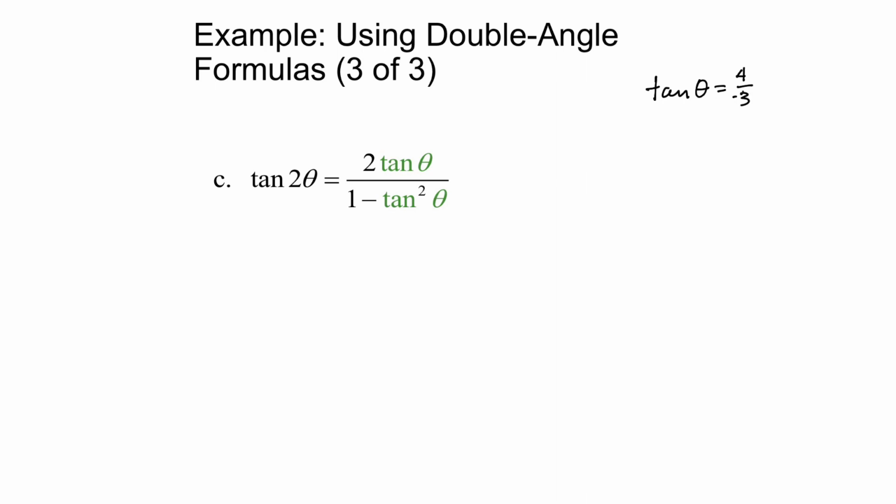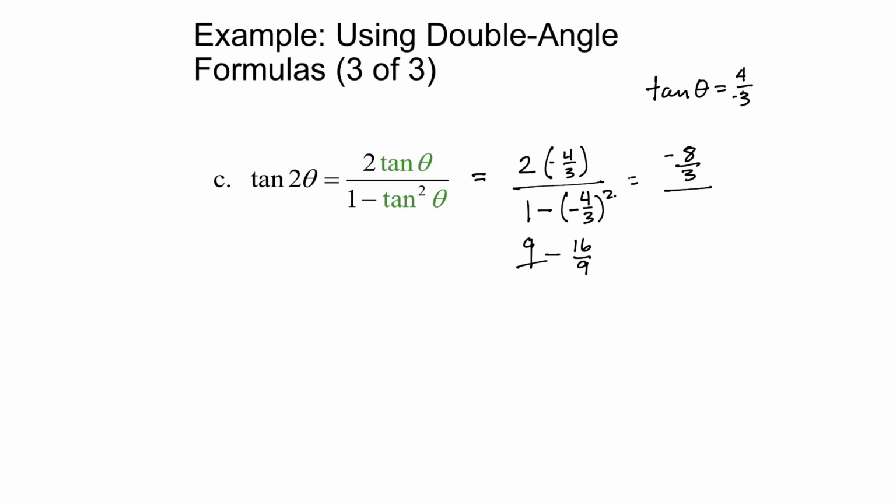Now let's see if we can get a simplified result here. So this would be 2 times negative 4/3 over 1 minus negative 4/3 squared. So on the top we get negative 8/3, multiplying 4/3 by 2. And on the bottom we have 1 minus 16/9.